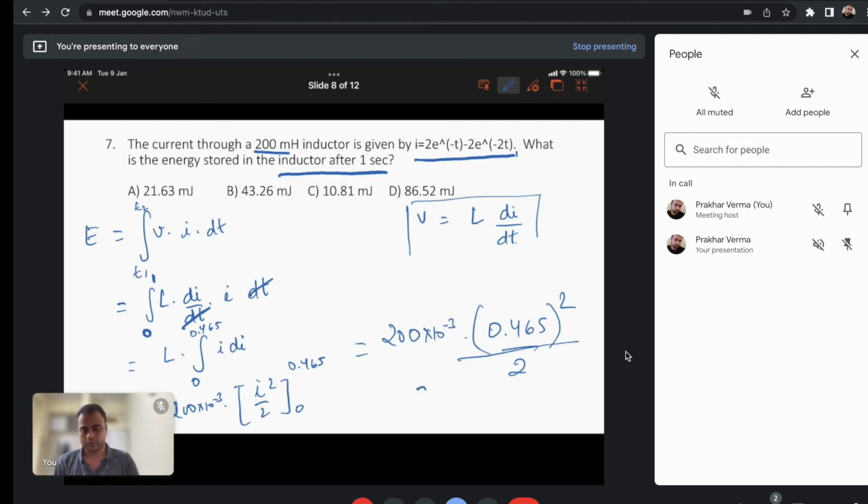This comes out to be 0.0216 joules, that is 21.6 millijoules. So option A is the correct answer.